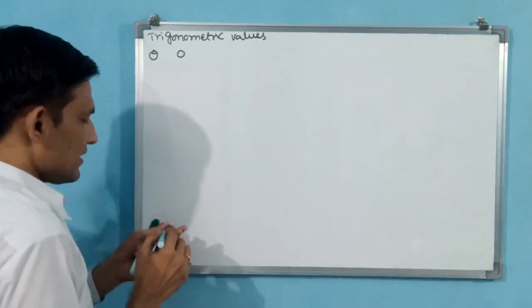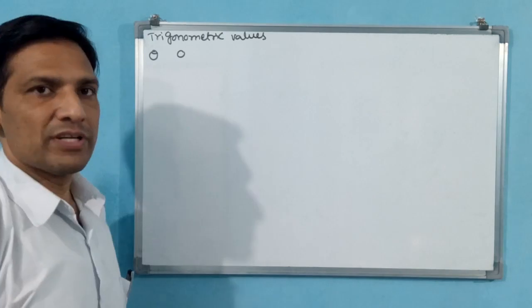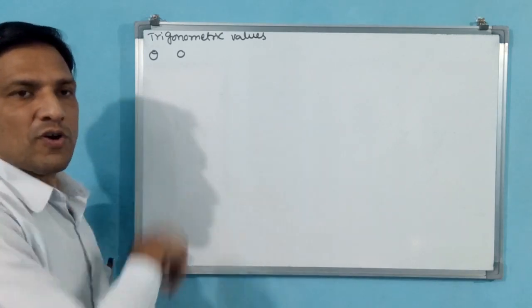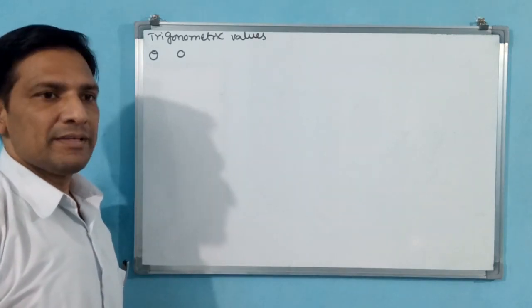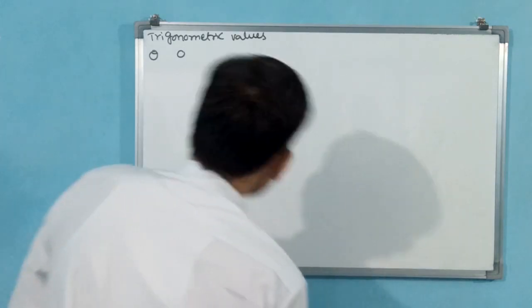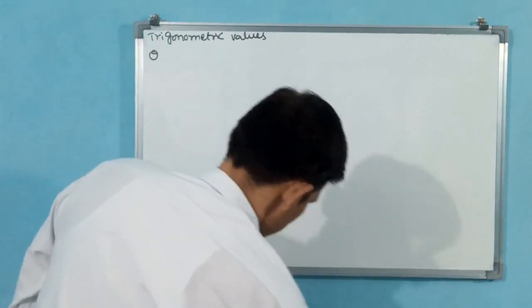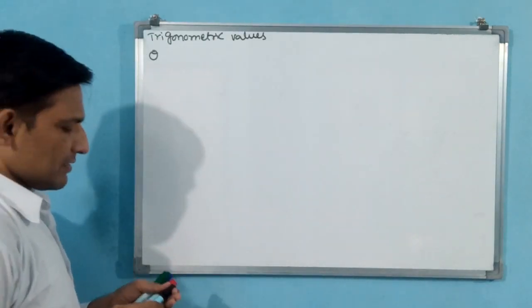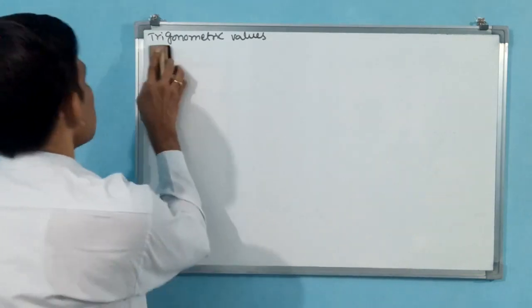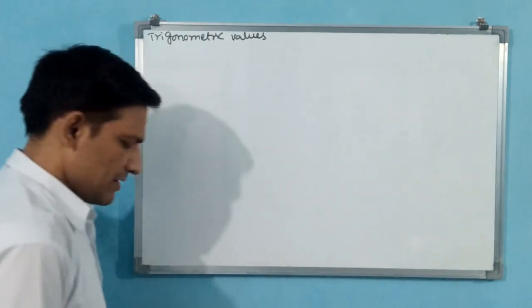Okay. Let me write, rather than 0 degree, I write now 0, pi by 6 like that. Why? Because you have to understand that also carefully. You have to become accustomed to those, also very important trigonometric values.